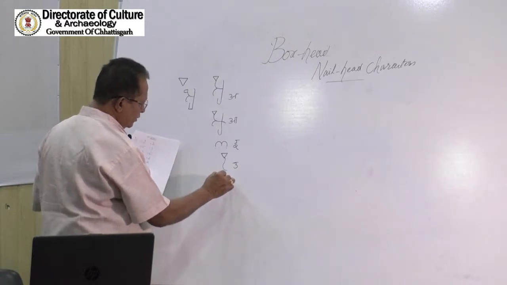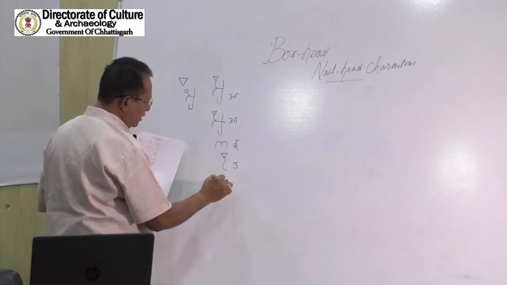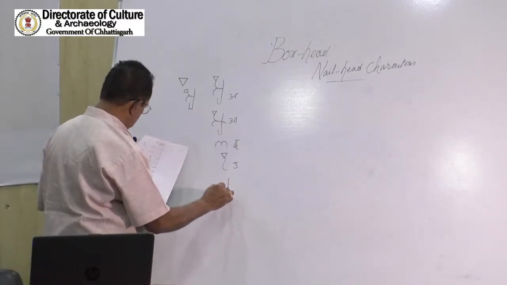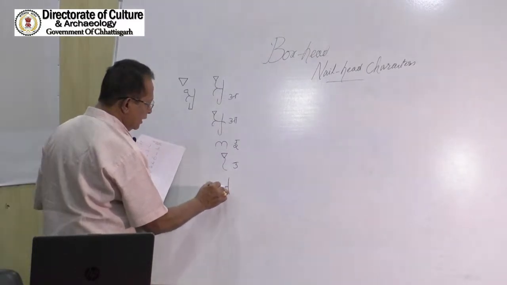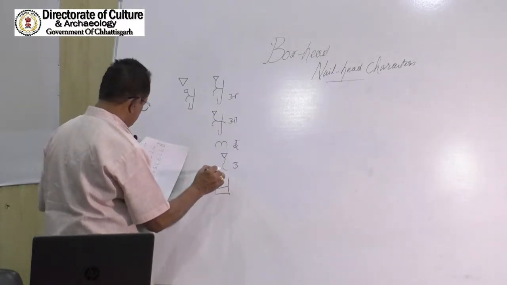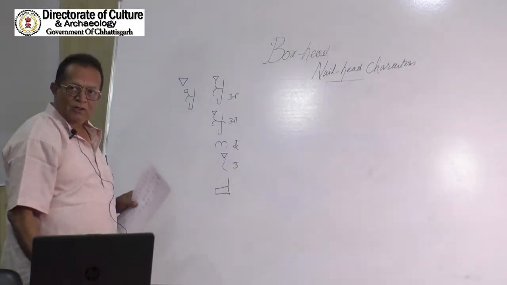And A, I told you the distinctions yesterday between A, Va and Cha. So the same way it continues here also. A will be a little longer like this, and instead of a nail head, they attach a box here.